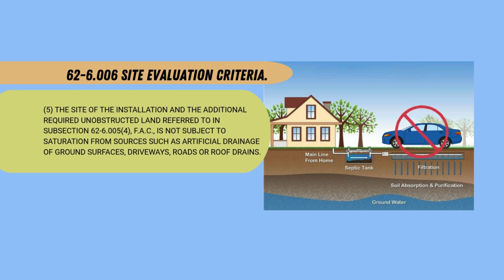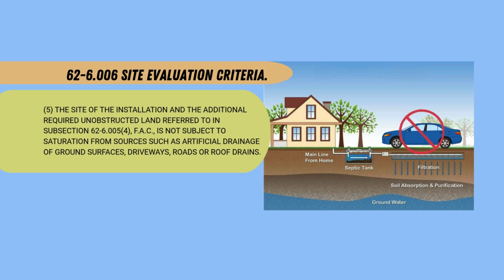5. The site of the installation and the additional required unobstructed land referred to in subsection 62-6.005, 4 FAC, is not subject to saturation from sources such as artificial drainage of ground surfaces, driveways, roads or roof drains. 6.